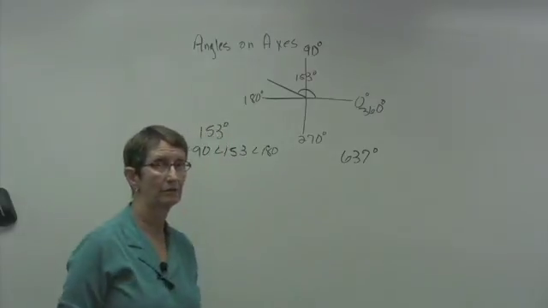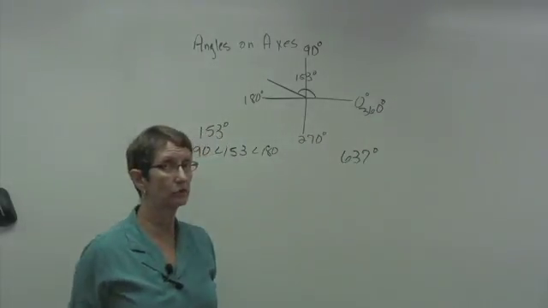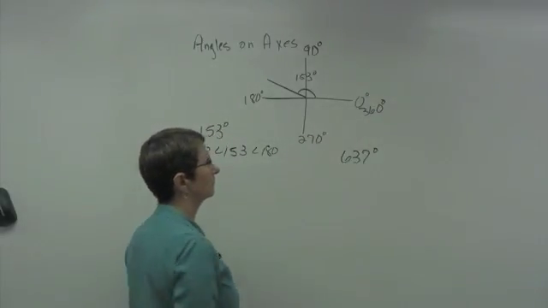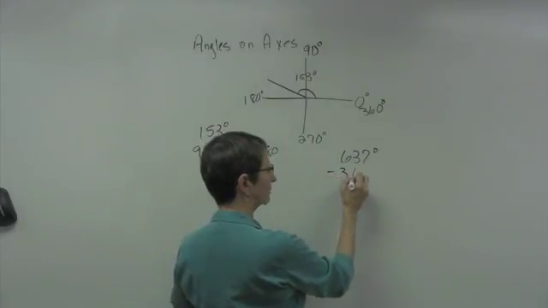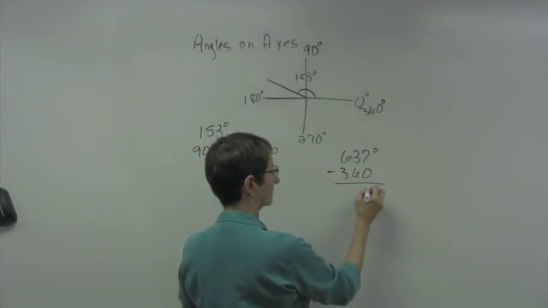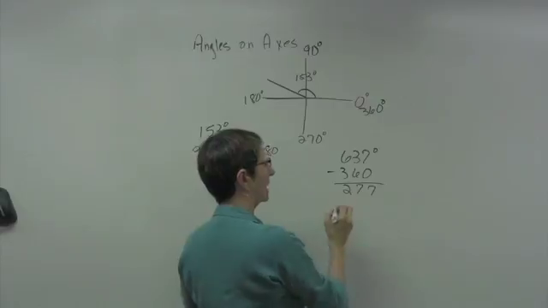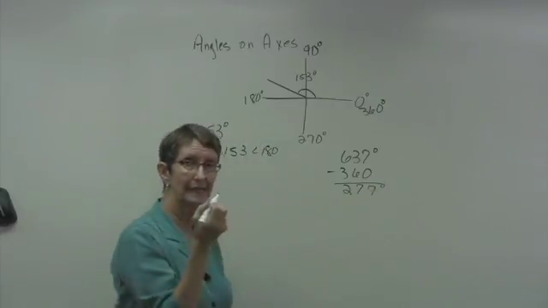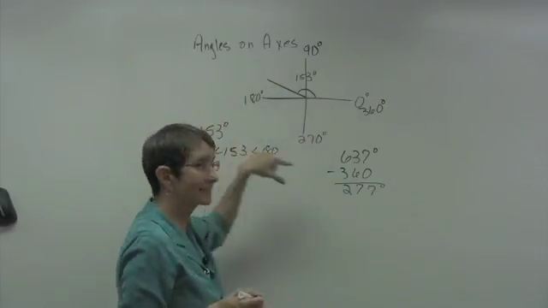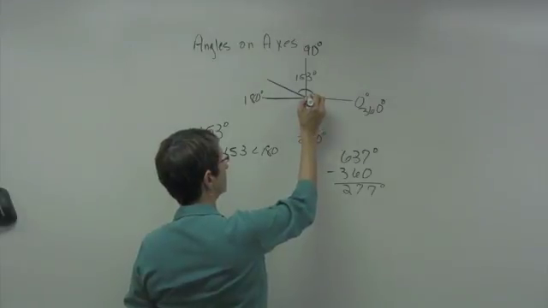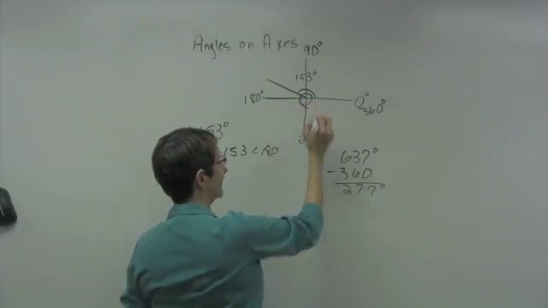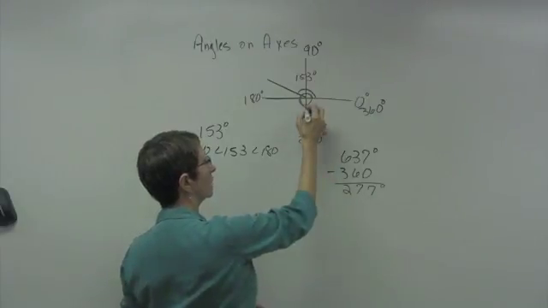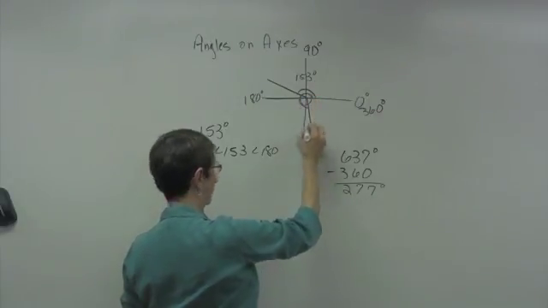How about a 637 degree angle. Now, all the way around once is 360. Have we gone around twice? Well, let's subtract 360 from this. 277 degrees. So I went around once, all the way around once, and then I'm coming back 277, a little over 270.